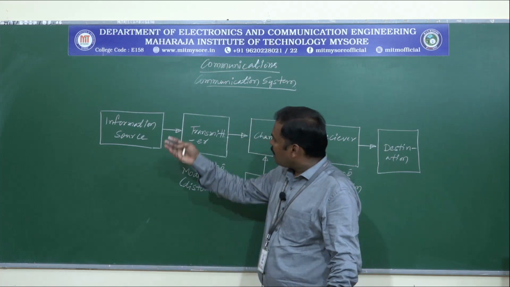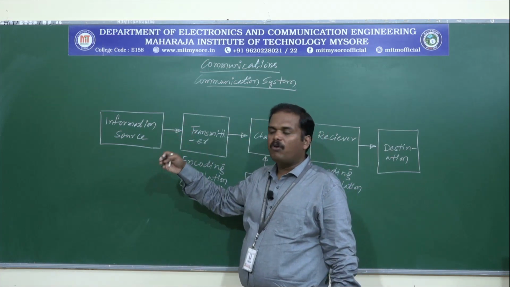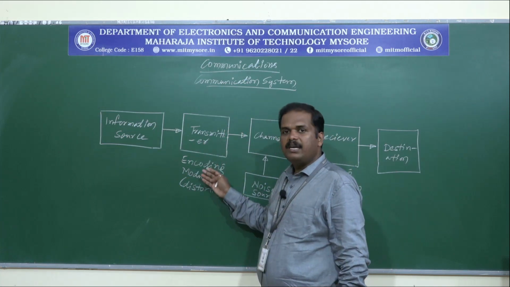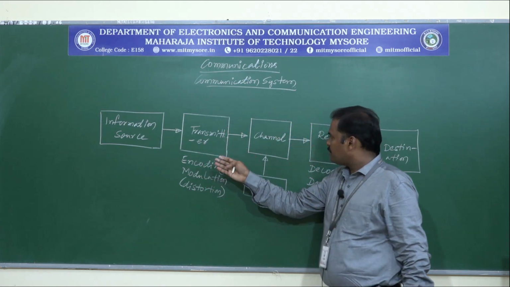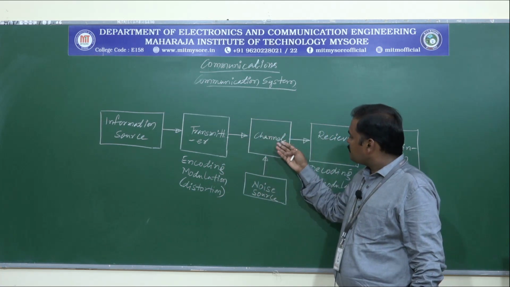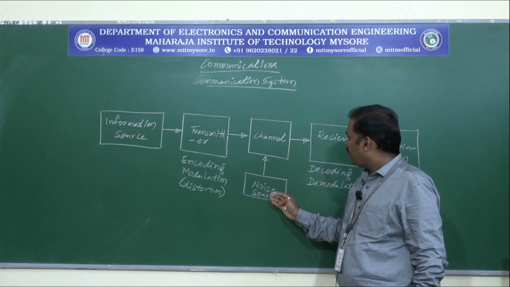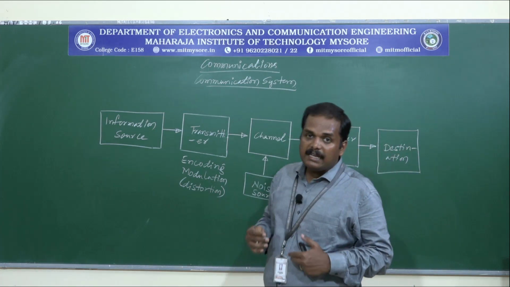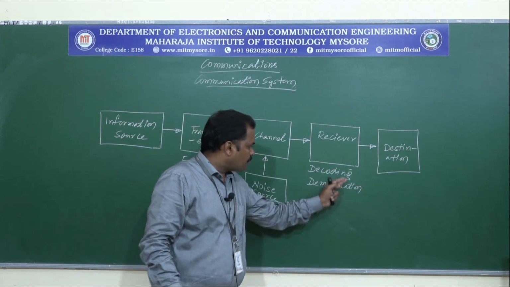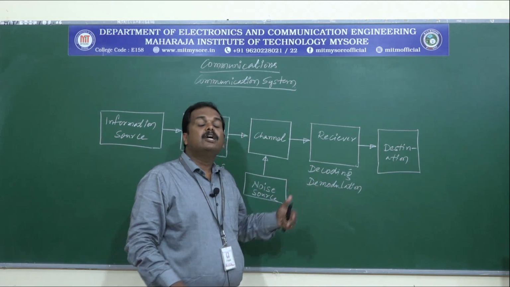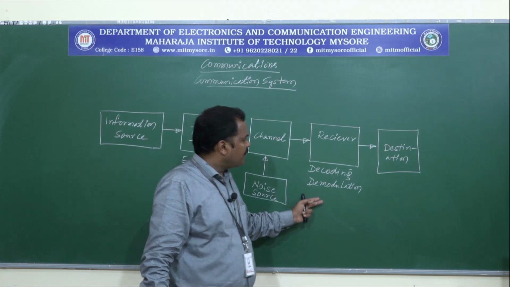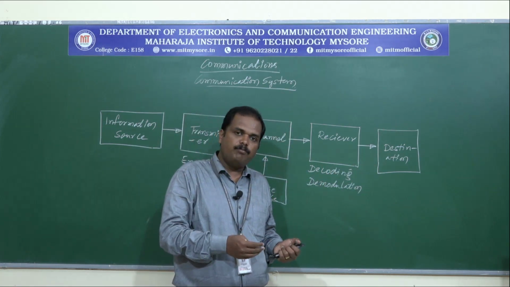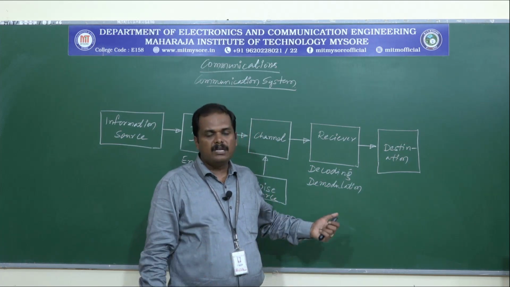That information signal in the form of an electrical signal is given to the transmitter. The transmitter processes the data and hands the signal over to the channel. The channel carries the signal, where noise may get added, and then the data is received by the receiver. The receiver processes the data again so that humans can understand it, and it is then given to the destination, where again there is a transducer. For example, if it is audio, we use a loudspeaker.